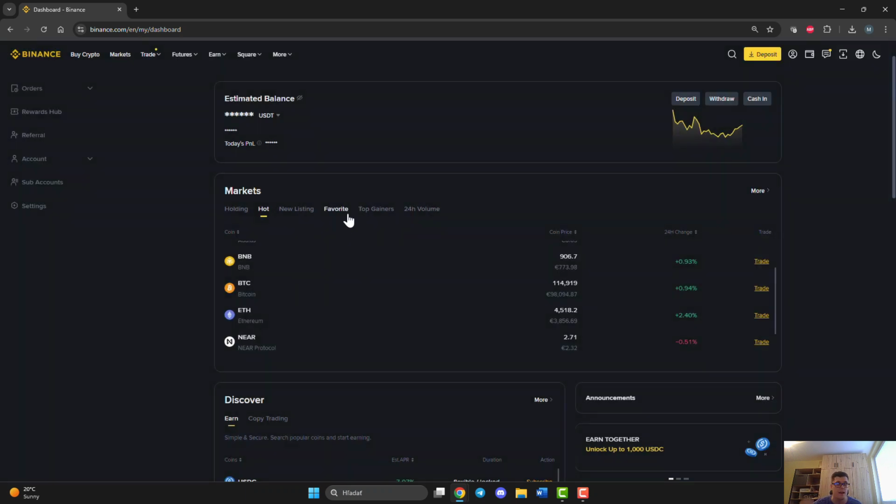So I recommend to focus on well-established coins like Bitcoin or Ethereum for stability, and allocate a small portion to promising altcoins for potential high returns, right?